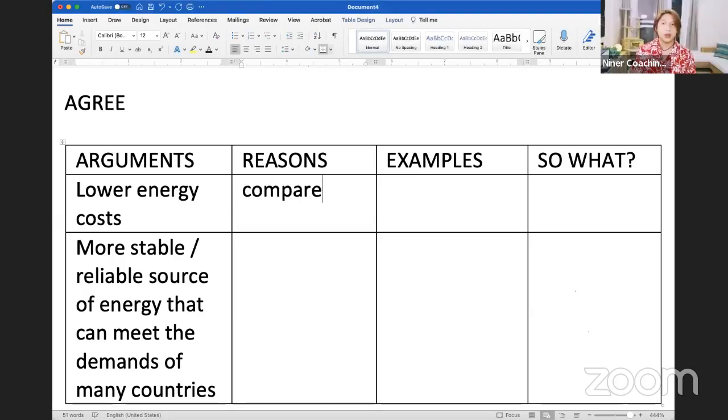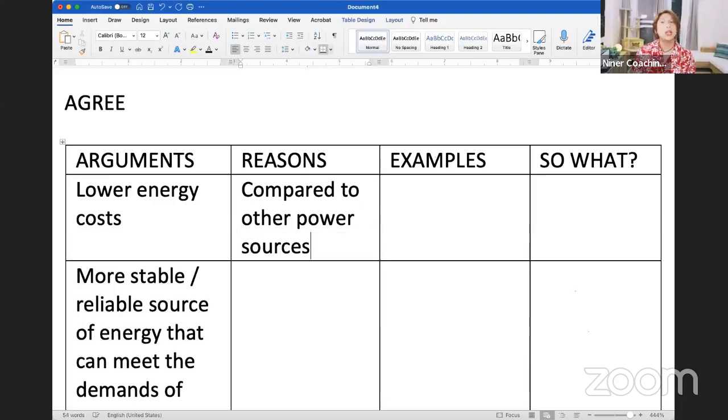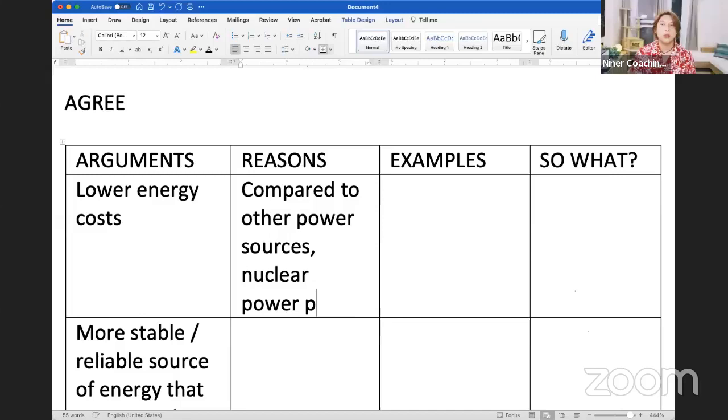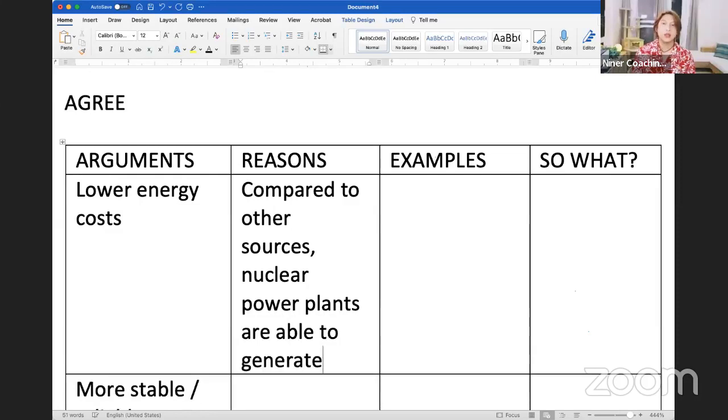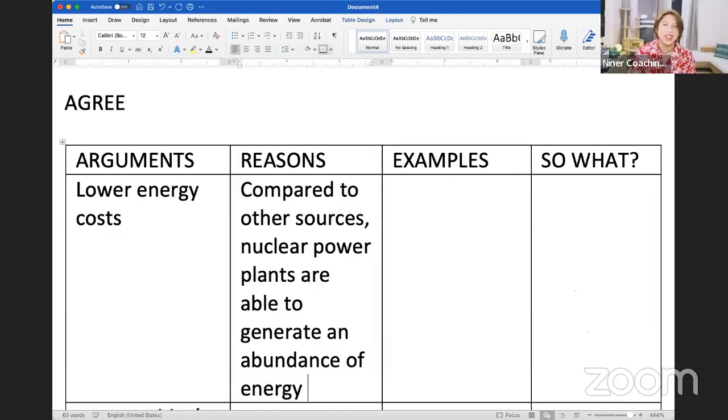Power sources, okay, nuclear power plants or energy, no? Other sources. Okay, nuclear power plants are able to generate an abundance, as you've mentioned, of energy. Who said abundance? Mihara. Okay, right.